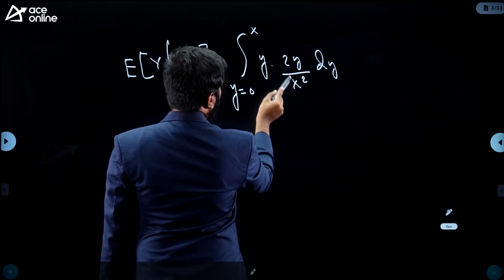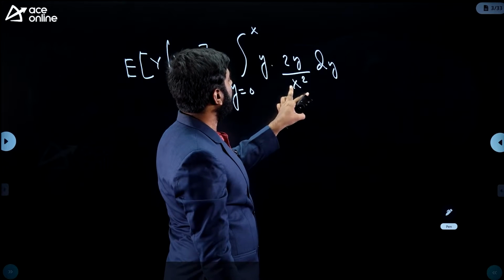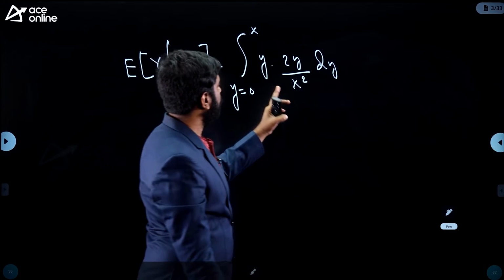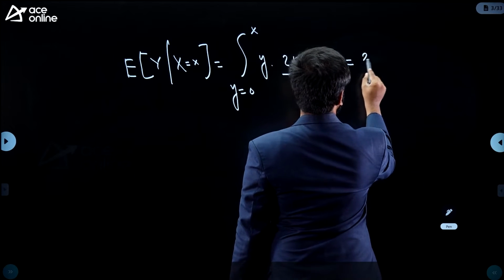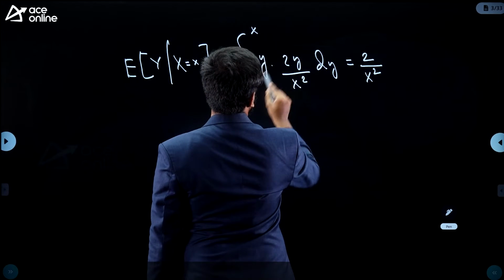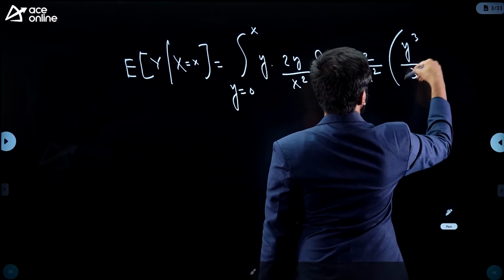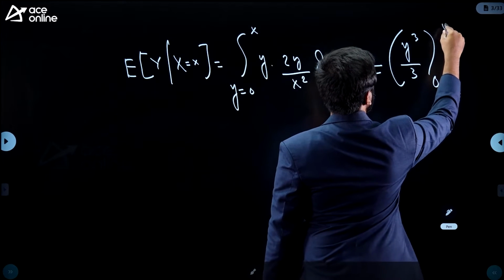You can take 2 by x square out. While doing this integration, you can treat x as constant. The integration is with respect to y, so 2 by x square is out. What is left is y square. The integration of y square is y cube by 3, where the limits of y are from 0 to x.